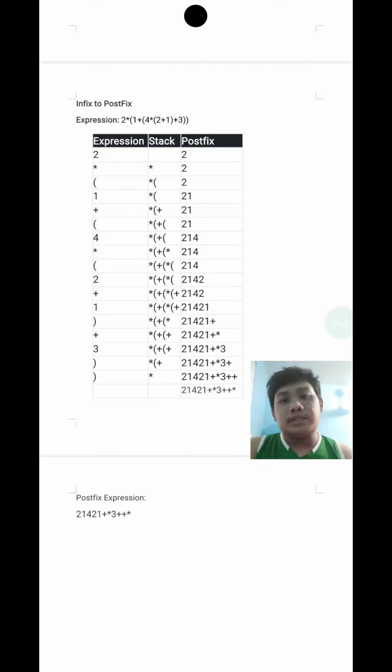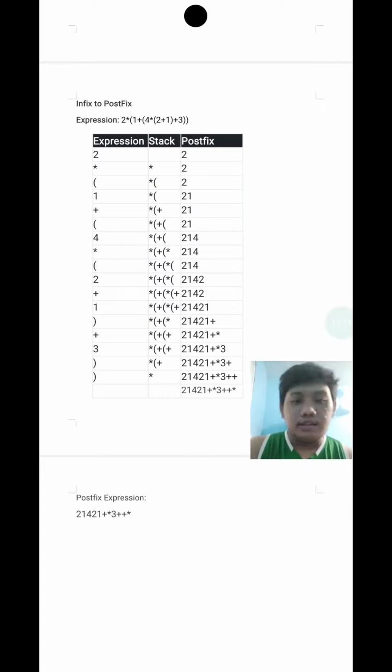Next is the plus character. Since it is an operator, it will be pushed to our stack: times, parenthesis, plus, and our output is 2, 1. Next is another opening parenthesis, and it will be pushed to our stack. It becomes times, parenthesis, plus, parenthesis, and our output is 2 and 1.